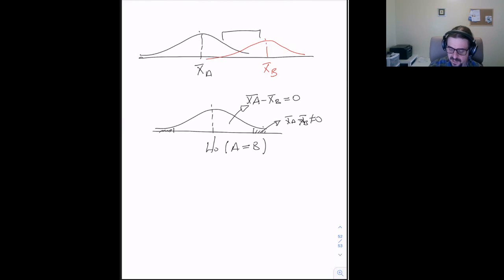The difference then is that the S x bar, which is the standard error of the mean, is going to become S xa minus xb bar.